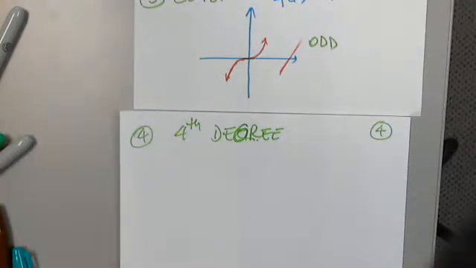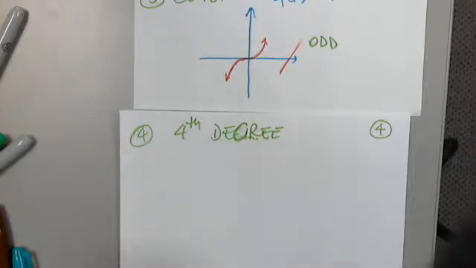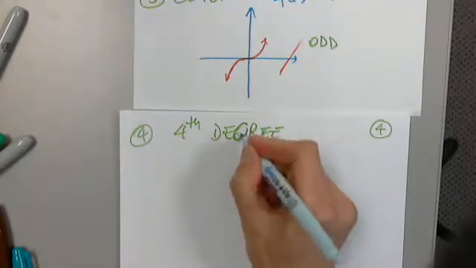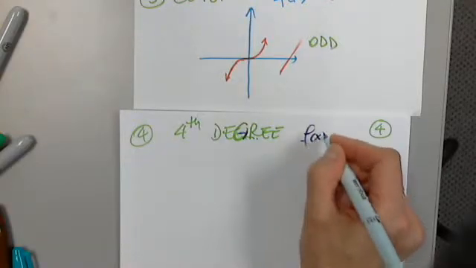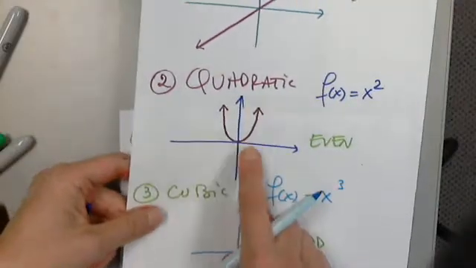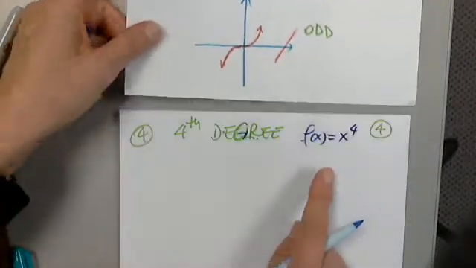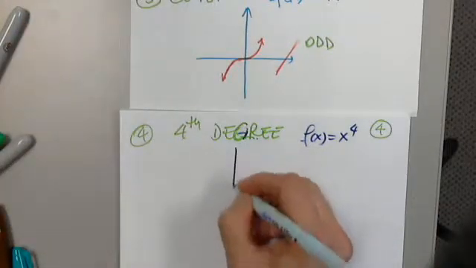So can anyone give us the simplest possible 4th degree function? It's f of x equals x to the 4th. There is a similarity between x squared and x to the 4th. However, say it again.